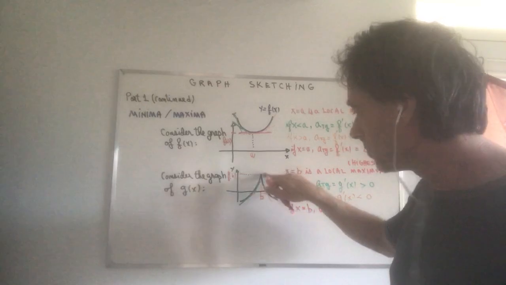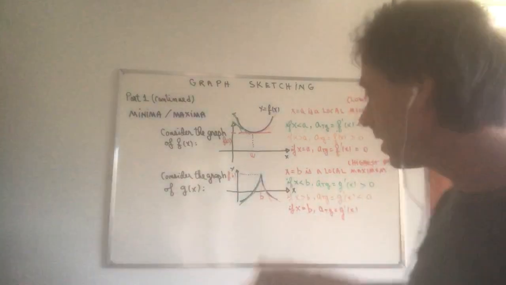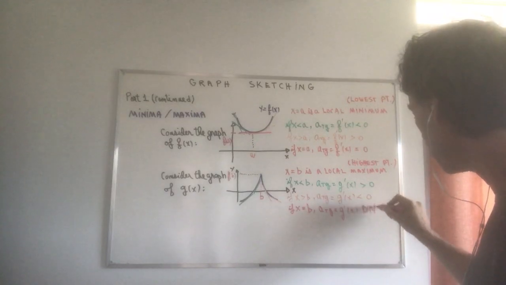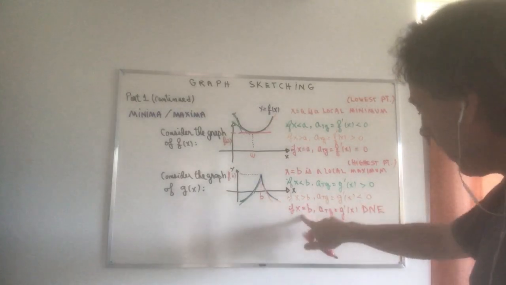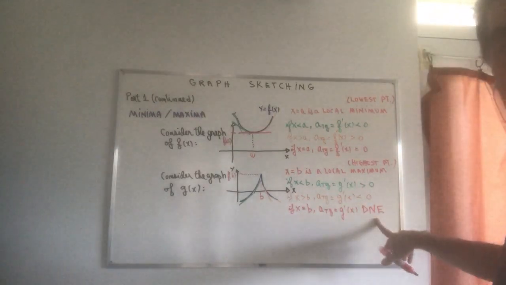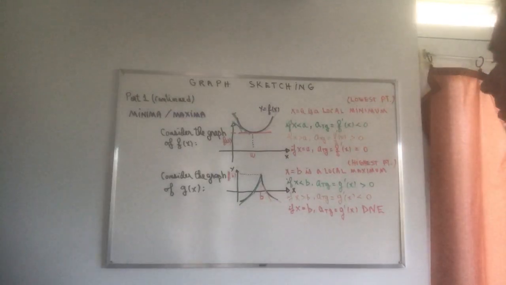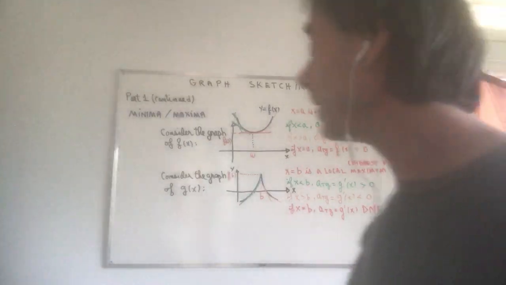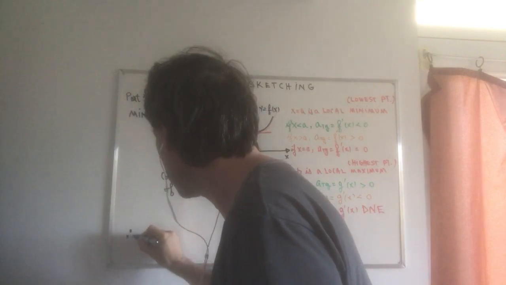No, it's a cusp, so it's not differentiable at b. F prime of b does not exist, so g prime of x, when x is equal to b, does not exist.